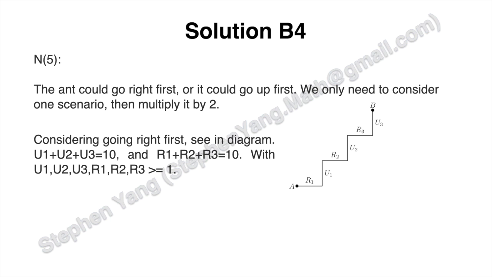So U1 plus U2 plus U3 equals 10, and R1 plus R2 plus R3 equals 10. Also, all of these 6 variables, U1, U2, U3, R1, R2, R3, must be greater than or equal to 1.